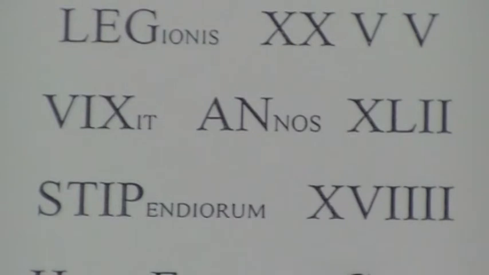Stip is short for the word that means how many years of army service he had. So this is how long he's been in the army. XVIIII. X is 10, V 5, and then you've got the 4 ones. So he was in the army for 19 years.